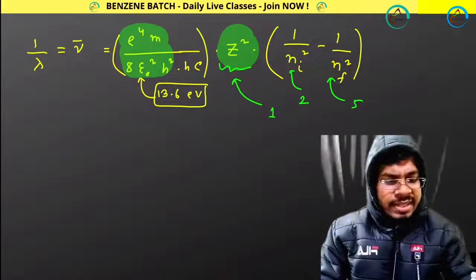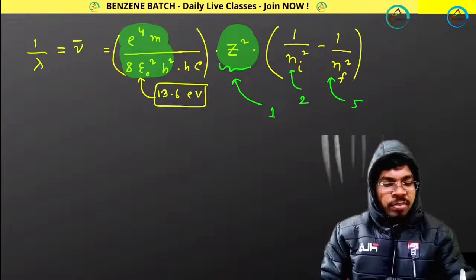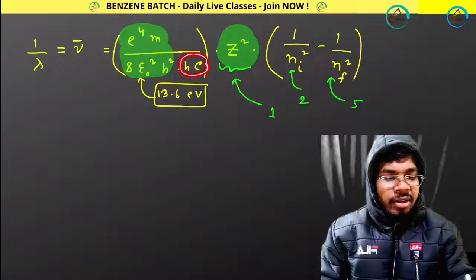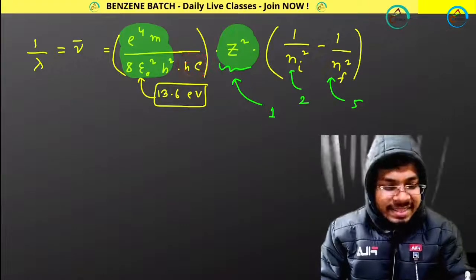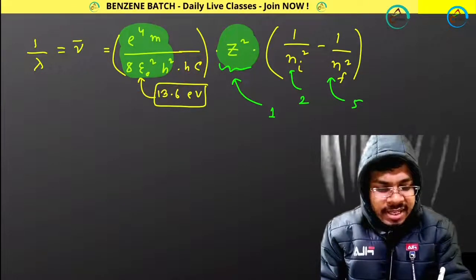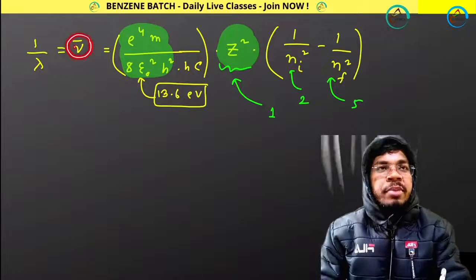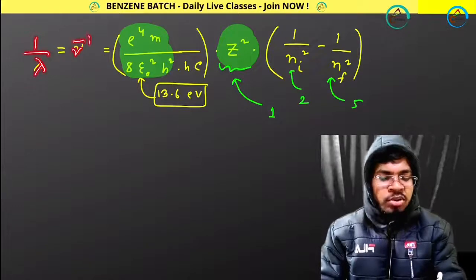Now what about the hc? Can you remember how this hc is coming over here? I am representing my energy in centimeter inverse or meter inverse. That's why I am making it 1 by lambda or nu bar, which is called wave number.